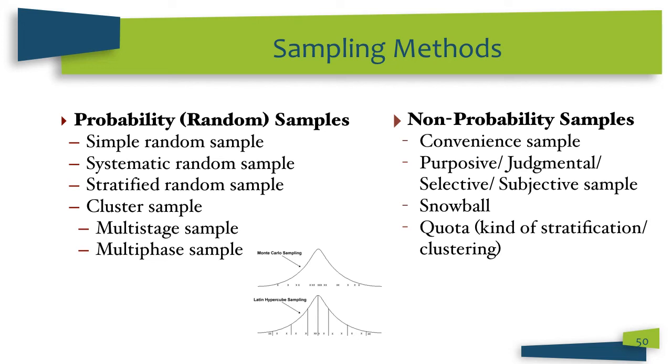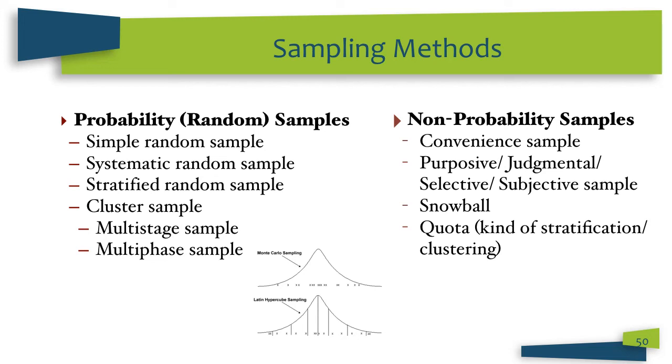So maybe in the first stage you sample young people, in the second stage you sample older people, and so on. In multi-phase, the different phases of observation relate to sample units of the same type. In multi-stage, you have different types. In multi-phase, you have the same type.